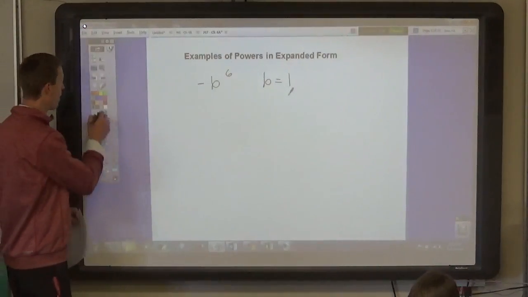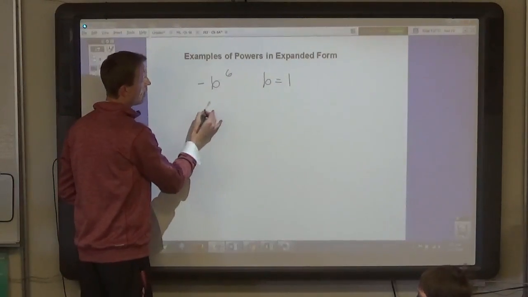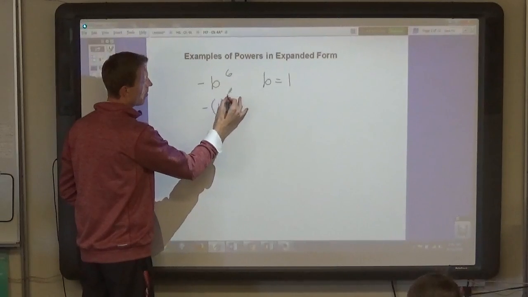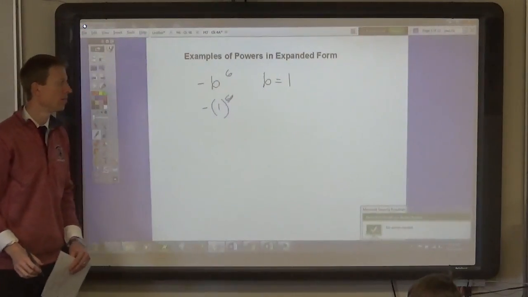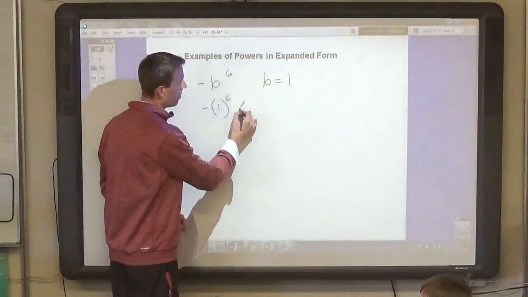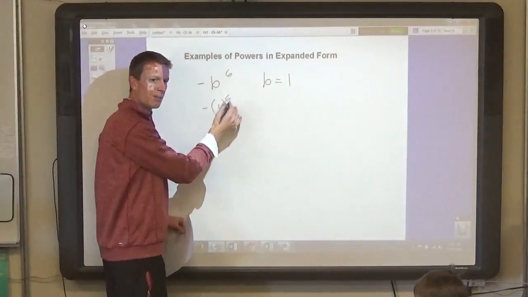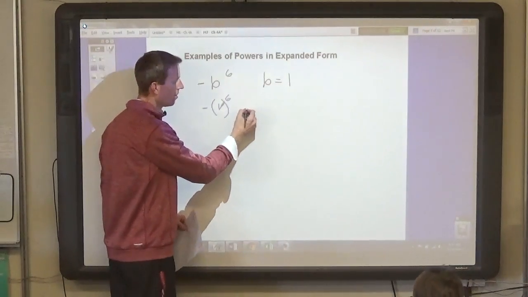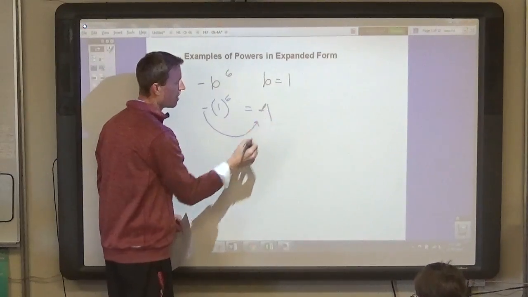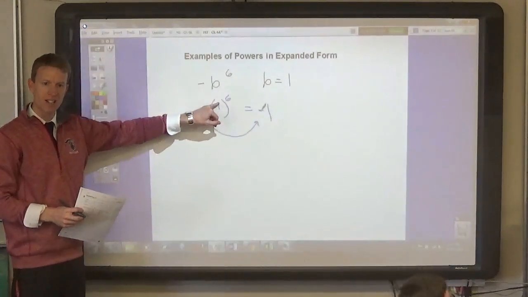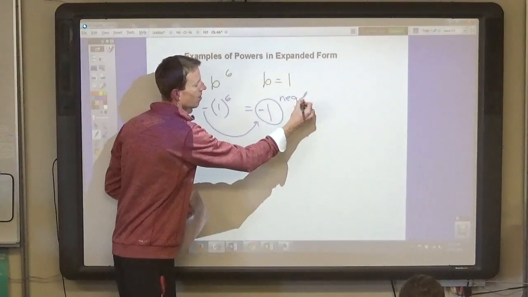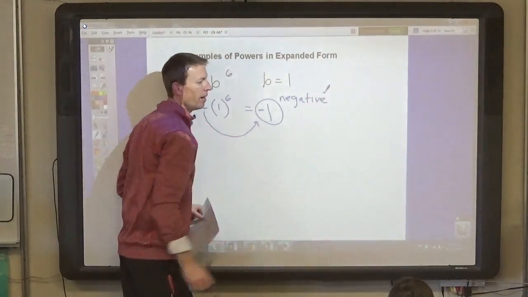So now, why it's important to put these parentheses in, because you would put it like this: negative b to the 6th power. So this is 1 times 1 times 1 times 1 times 1 times 1, which is 1. And then the negative sign, because it's not in the parentheses, it's still negative. Okay?